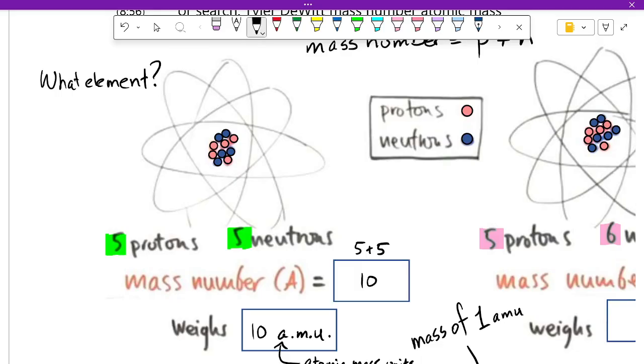And how do you know? What do you have to look up? Yeah, you look up the atomic number.